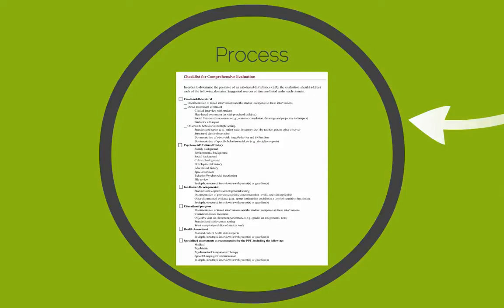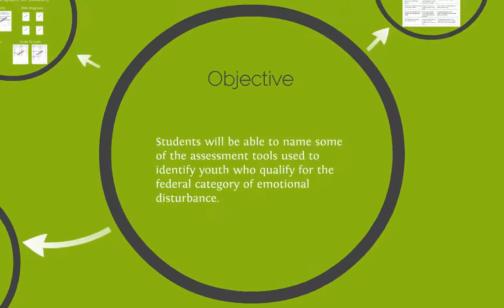But the controlling pieces are really the emotional and behavioral assessments. And some of those are standardized and some of those are direct observations. So now you know just a little bit more, I hope, about the assessment tools used to identify youth who qualify for the federal category of emotional disturbance.